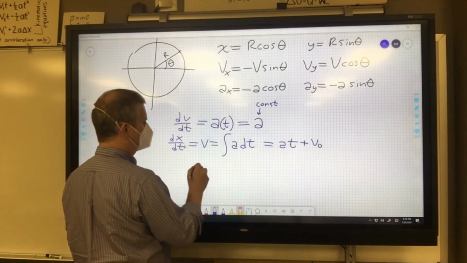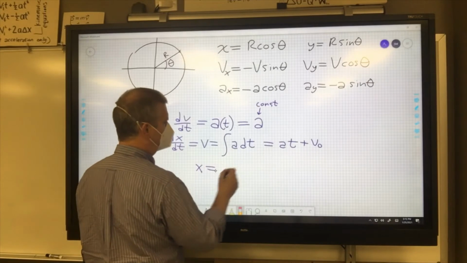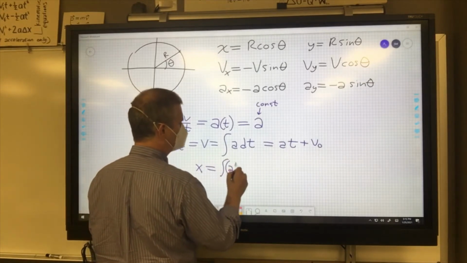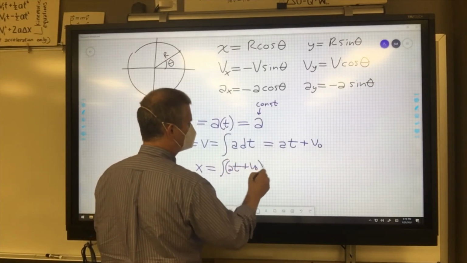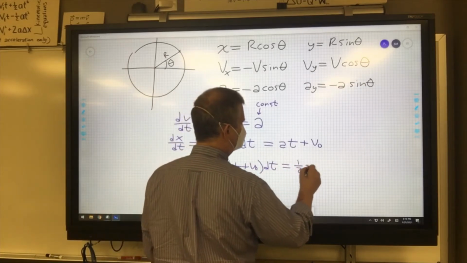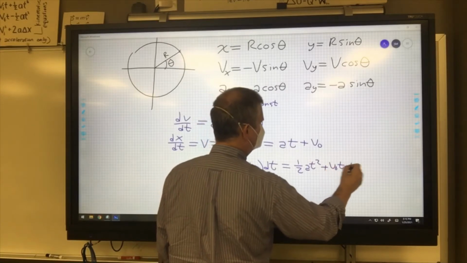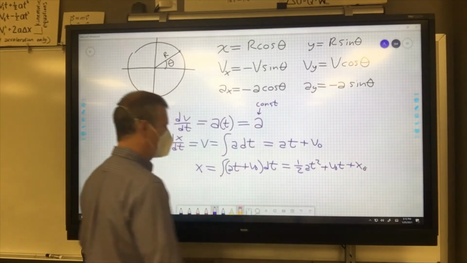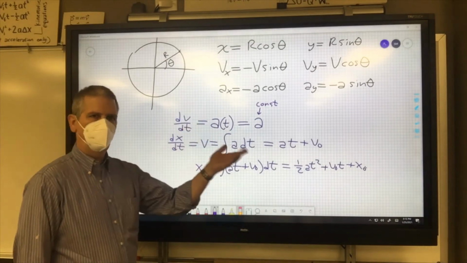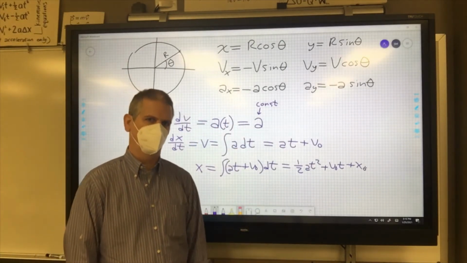So we find our x position, which equals the antiderivative of this, which gives us 1/2 at squared plus v naught t plus our initial position. By just knowing that the acceleration is a constant, we can derive our kinematic equations.